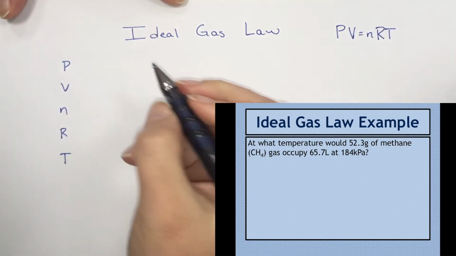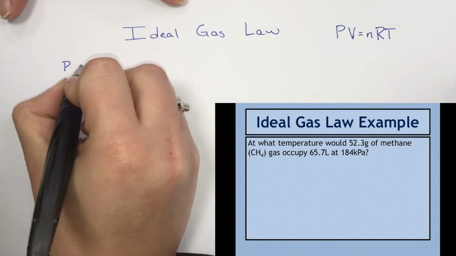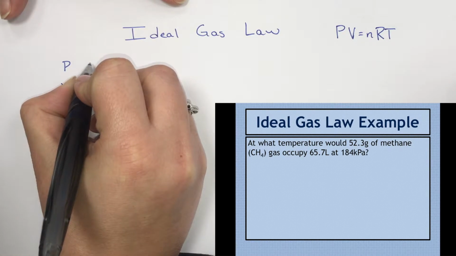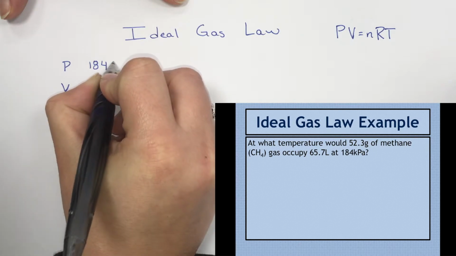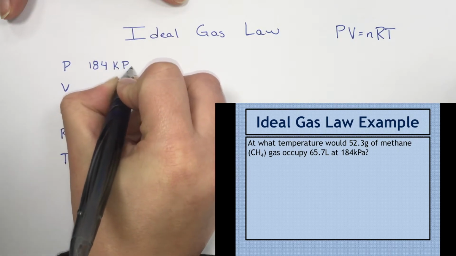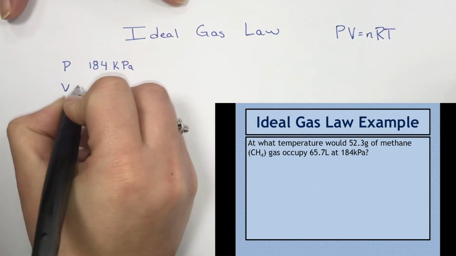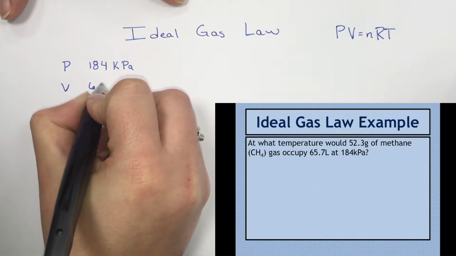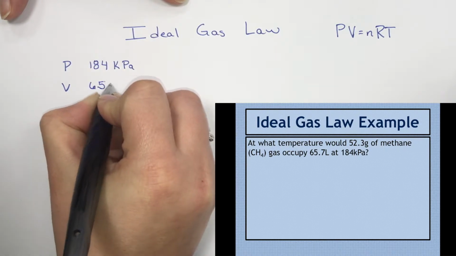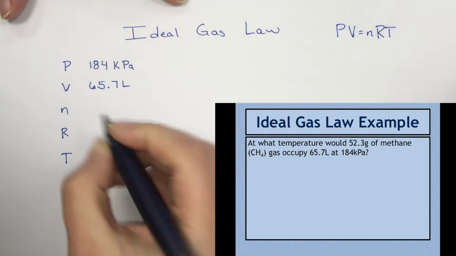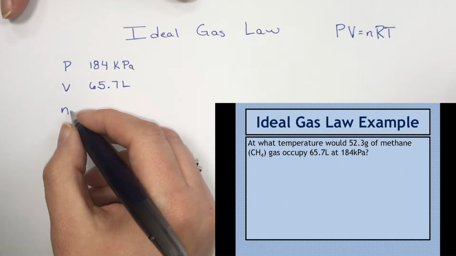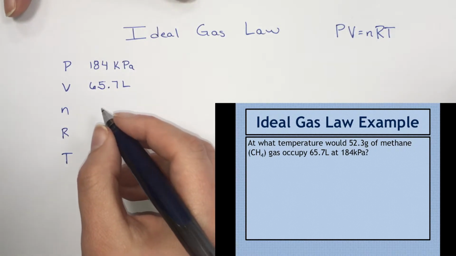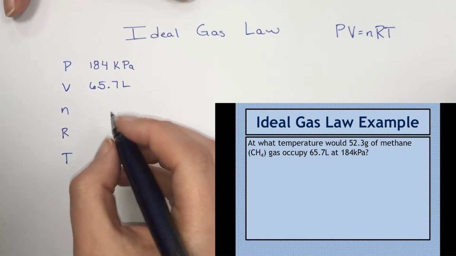So our pressure in the question, it says that it is 184 kilopascals. Okay, volume, it's 65.7 liters. Moles, it doesn't give us moles, but we can convert. It gives us grams.